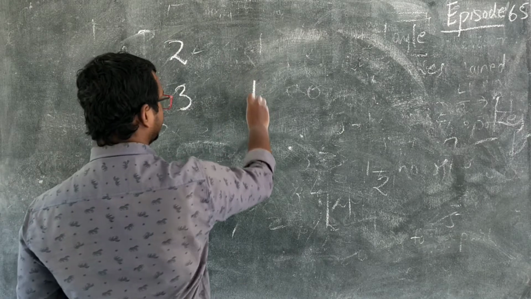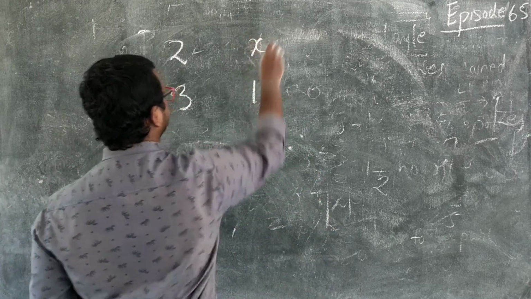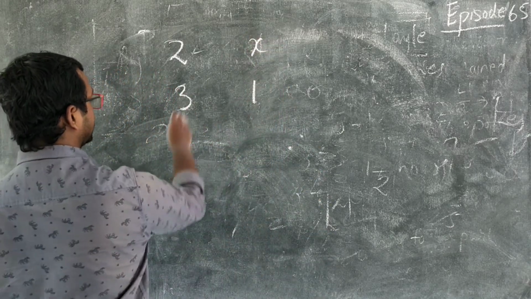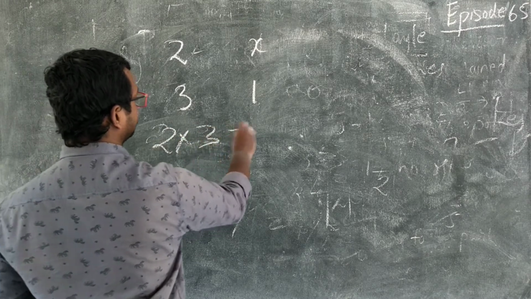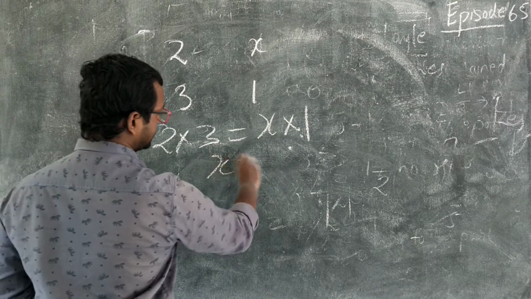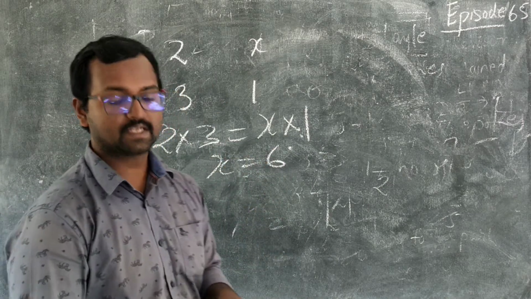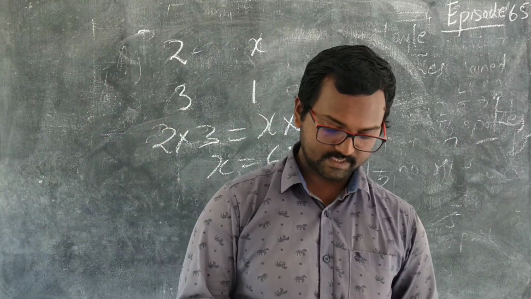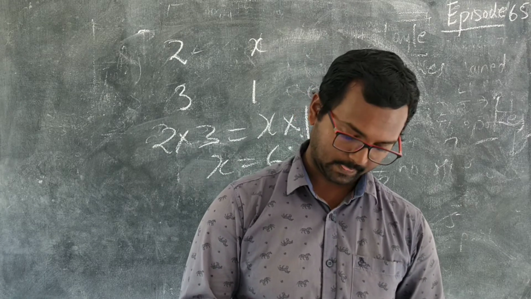So x into 1 is x, so x is equal to 2 into 3, 6. It requires 6 persons to fit the window in 1 day.